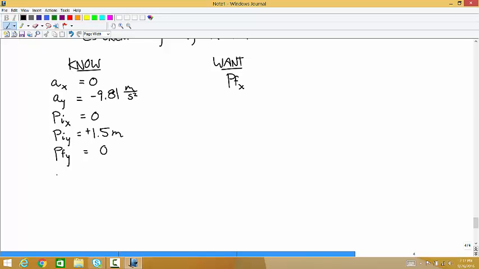Now, do we know anything about the initial velocity? Yeah, we can use the angle and the speed to figure out the velocity. So Vi is equal to 20 times the cosine of 25 degrees and 20 times the sine of 25 degrees.